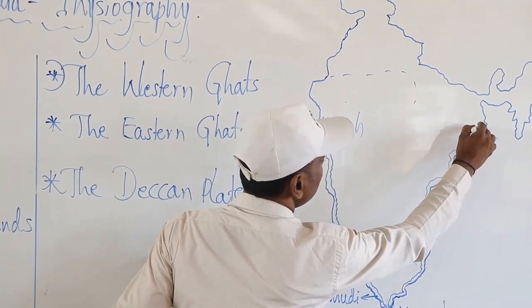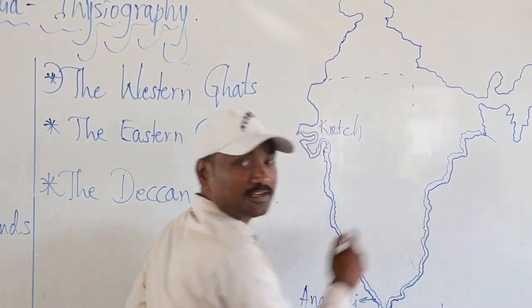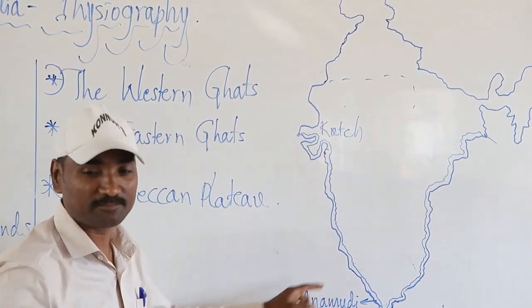Here also there are two divisions: one is the eastern coastal area, another one is the western coastal area.